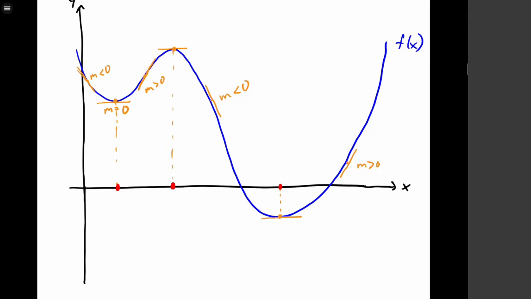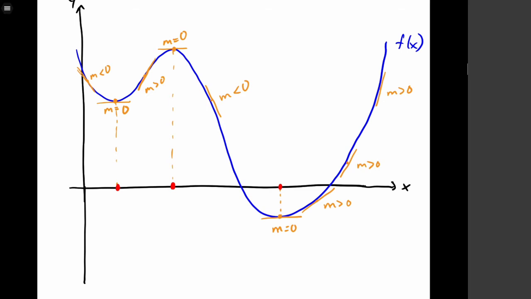Another thing I want to ask: how does the slope down here, or maybe over here, how do these three slopes compare? They're all positive. Let me just fill in these zeros. All three of these slopes are positive, but how do they compare to each other?